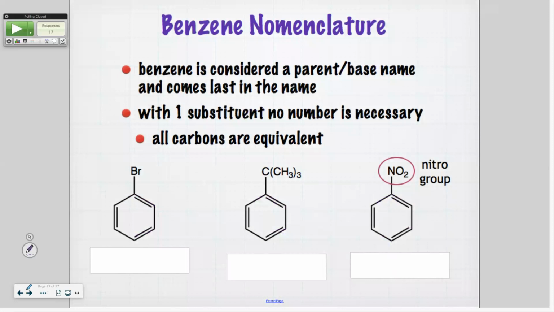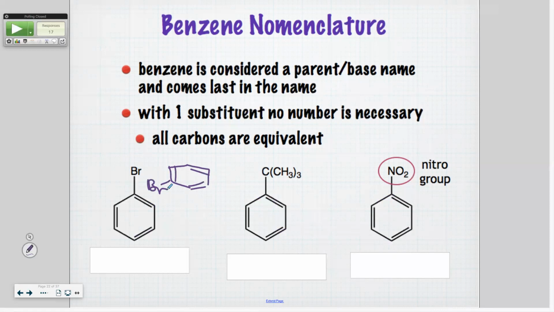When you're doing benzene nomenclature, benzene itself is considered a parent or base name and will come last in the name. With one substituent, no number is necessary. Do you agree that this compound and this compound are the same thing? It's just turned, right? We're beyond that now.